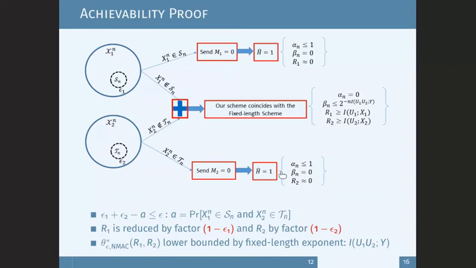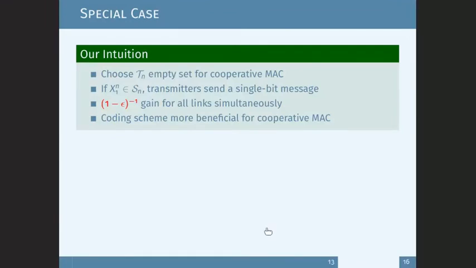The important thing to note here is our intuition that if we choose Tn, the second set, to be an empty set for the cooperative MAC with the same coding scheme, and if X1n lies in Sn, we just transmit a single bit message as we explained earlier, then for the same coding scheme we get for the cooperative MAC the full gain, the 1 over 1 minus epsilon gain, for all links simultaneously.